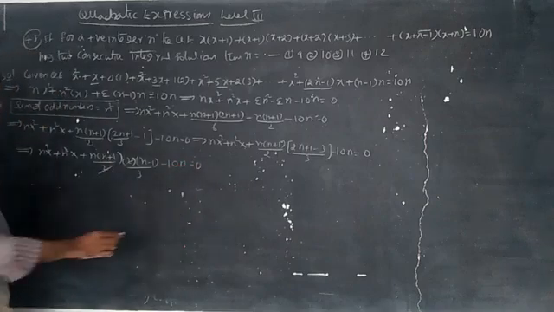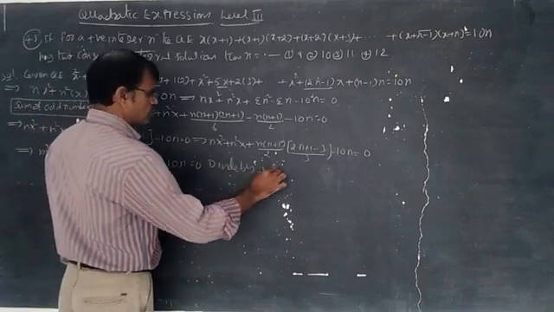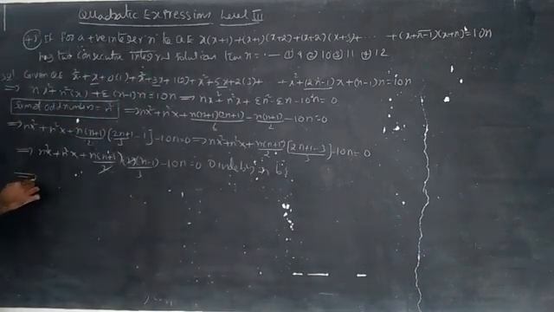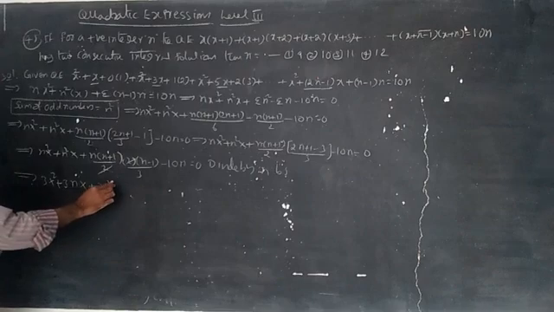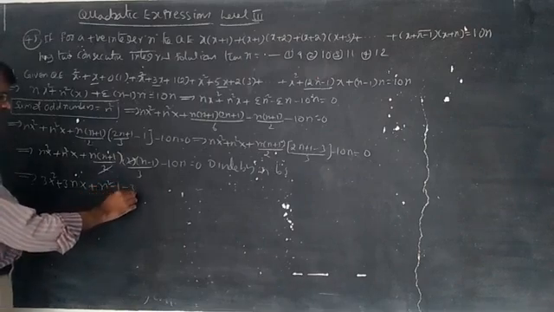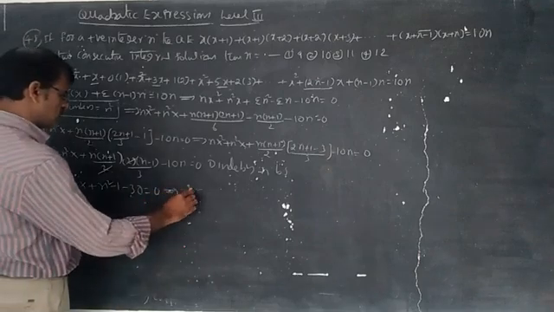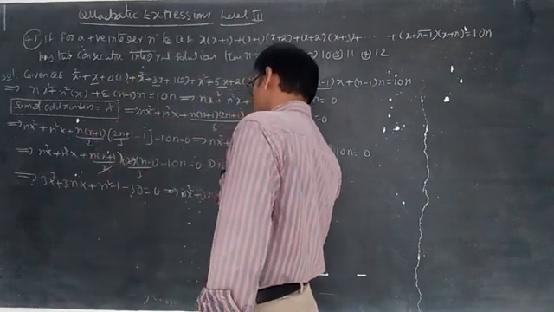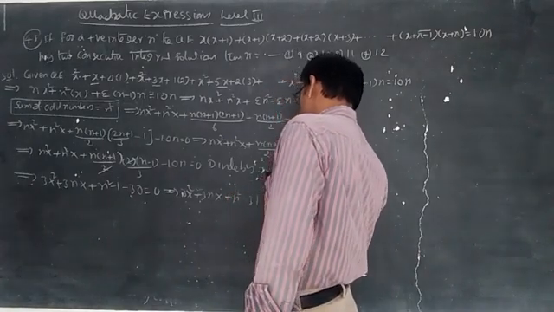The 2 will cancel. Divide by n on both sides and take LCM 3: 3x square plus 3nx plus n square minus 1 minus 30 equal to 0. That implies 3x square plus 3nx plus n square minus 31 equal to 0.